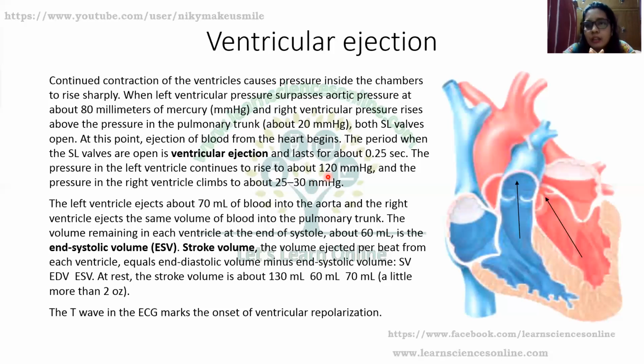Since ventricles are the distributing chambers, they have to distribute the blood to the various parts of the body, but the right ventricle needs to distribute the blood toward the lungs only, because the right ventricle contains deoxygenated blood, and deoxygenated blood from the right ventricle reaches the lungs through the pulmonary arteries, and lungs and heart reside very near each other in the chest cavity itself. So the path of distribution of the right ventricle is very small.